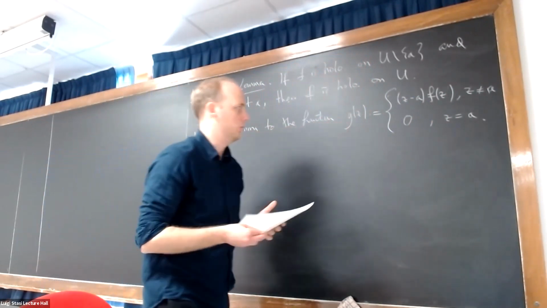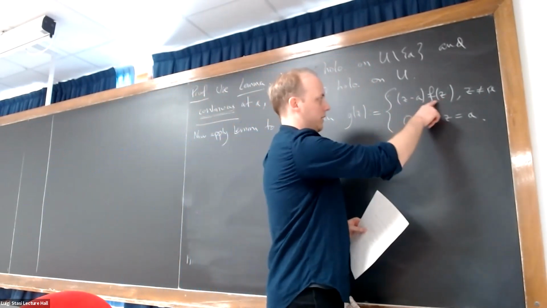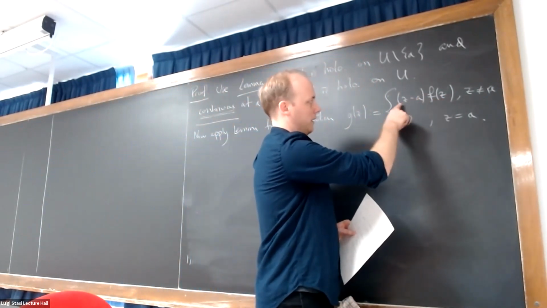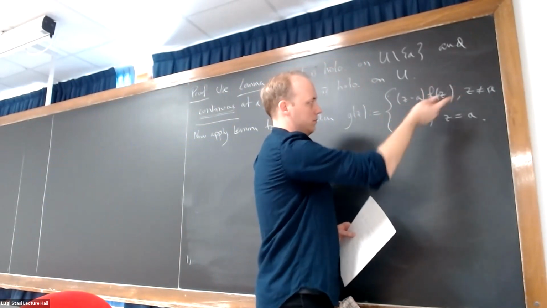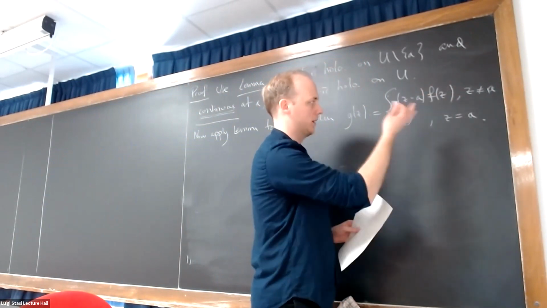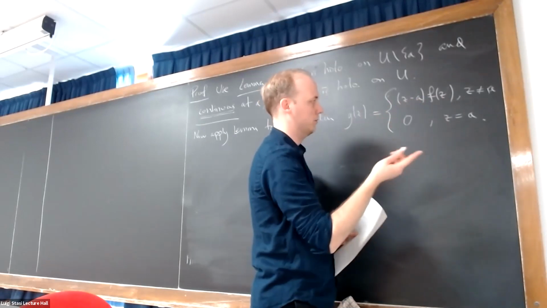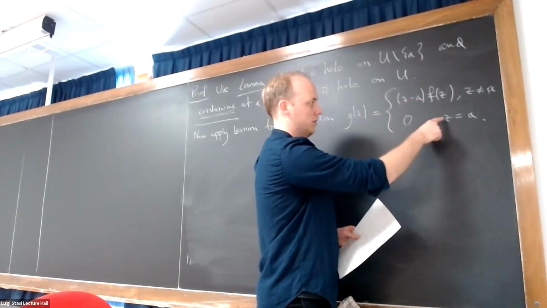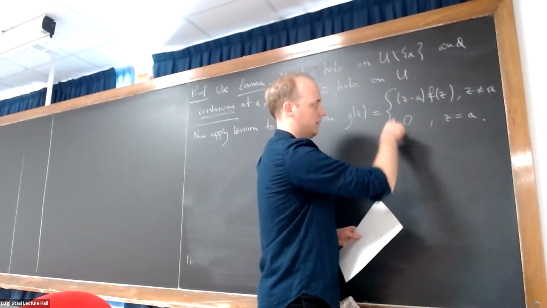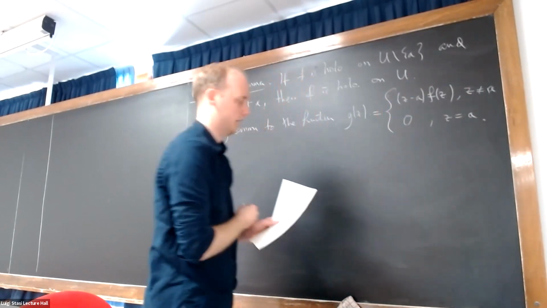And why can we apply the lemma? Well, f is holomorphic outside of a, so multiplying by z minus a means it's still holomorphic outside, so in particular it's continuous. And by the hypothesis of being a removable singularity, it tends to 0 when z tends to a, so this function I defined is continuous, right?